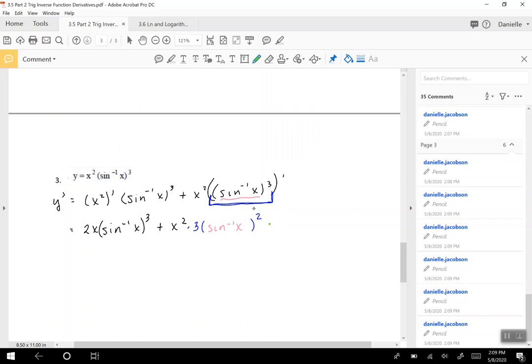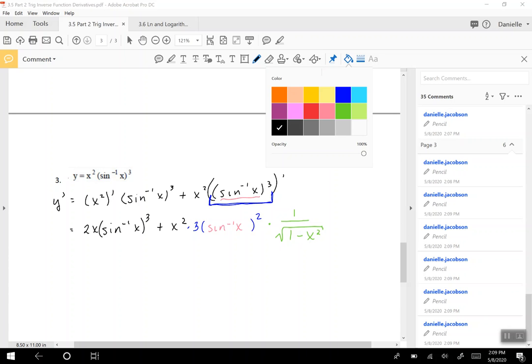I just need to multiply by what we found the derivative of sine inverse x to be, and that was 1 over the square root of 1 minus x squared. If I had a 3x or a 4x or an x squared or something like that here, I would just need to plug that in where this x is. But luckily for this one, we don't have to worry about that.